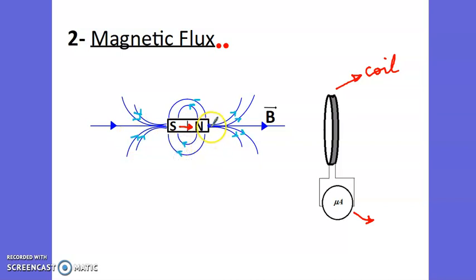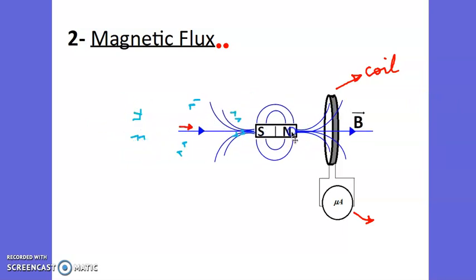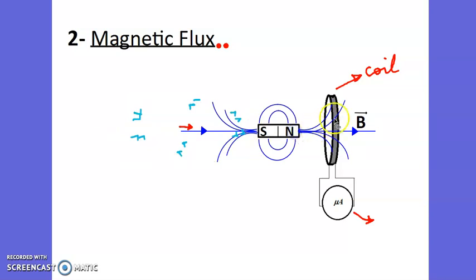Let's move the magnet now. If you move the magnet into the coil, the number of lines crossing the area of the coil, the face of the coil, increases, meaning the magnetic flux increases. I mean by the flux, the lines crossing this area, and we call it magnetic flux in this case.